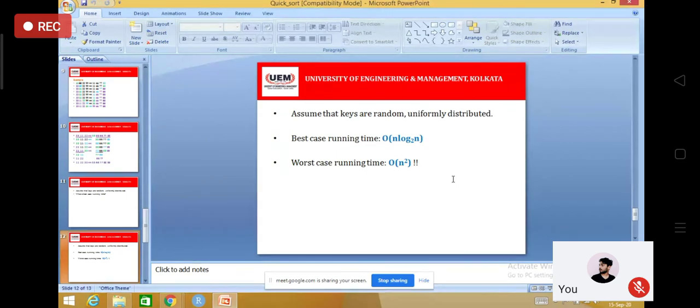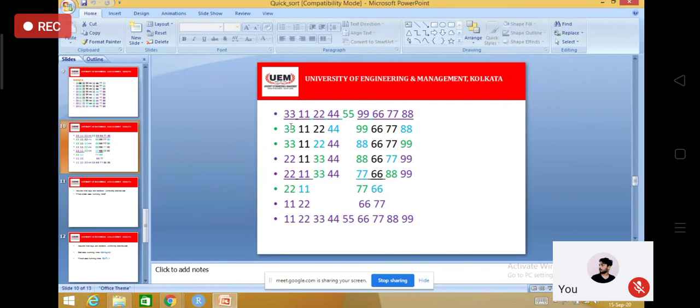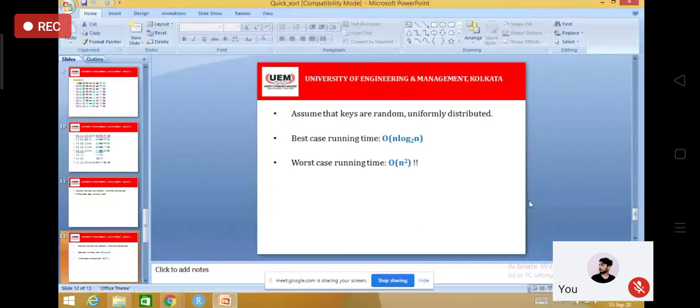Because every time you select a pivot, if it is already sorted, you will select each element and try to do the partition. Select one element and do the comparison with the rest of the elements. That approach is very similar to selection sort, and that's why the complexity becomes big O of n square. Fine. So do you have any doubt?